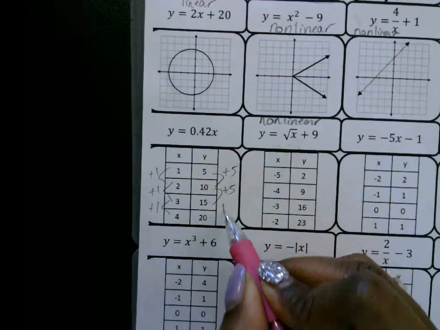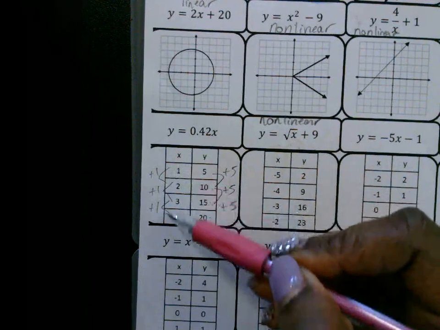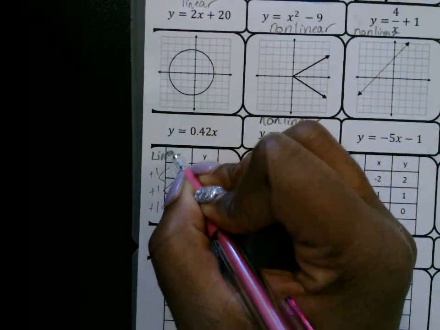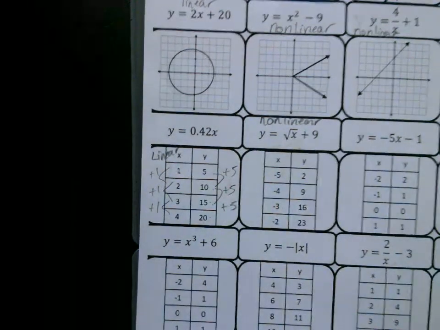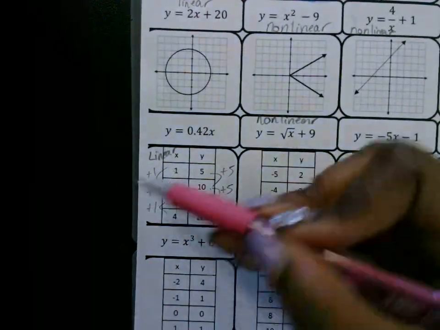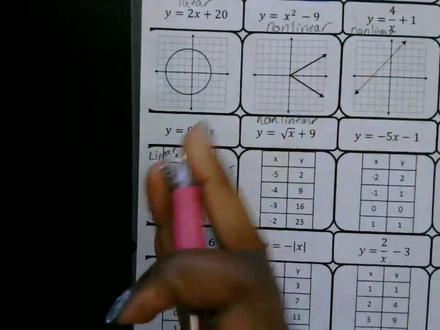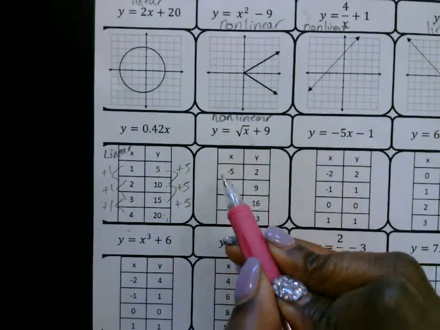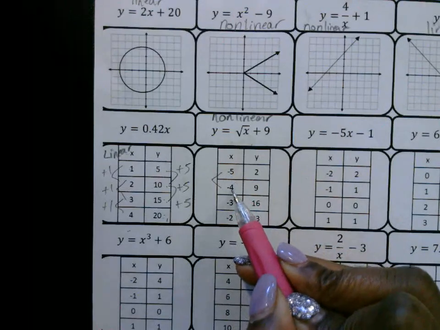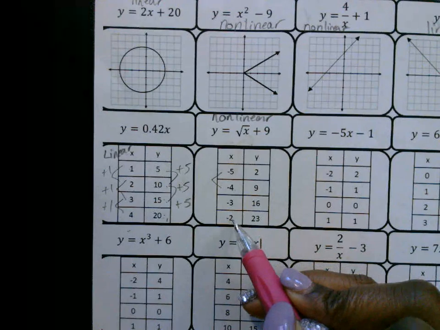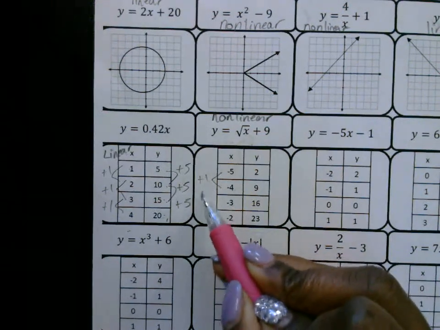Since it's going up by the same number on both sides, this is linear. It's going up by 1 here and up by 5 here. This one here, this is going up by 1. You add 1 to get -4, add 1 to get -3, add 1 to get -2. So this is all going up by 1.